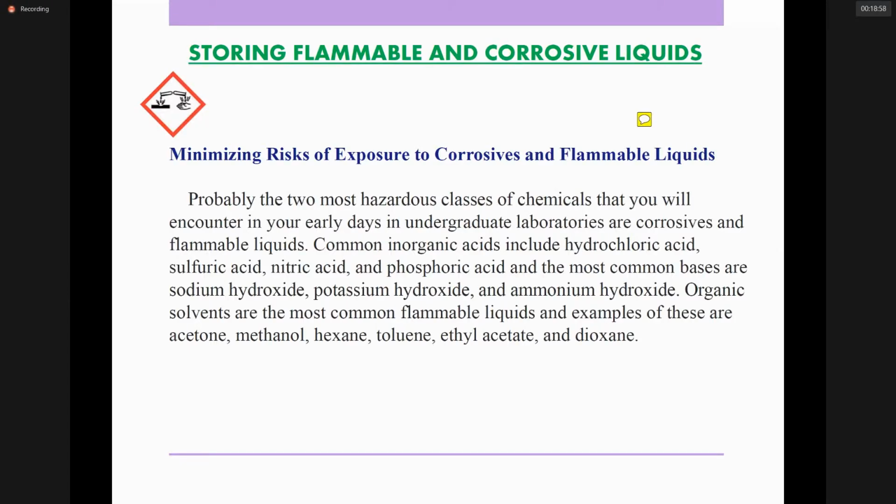Next part is about corrosive chemical storage. We talk about the second objective for today: how can we store corrosive chemicals and flammable liquids? We know the definition of corrosive from the previous lecture. Common inorganic acids include hydrochloric acid, sulfuric acid, and nitric acid, classified as corrosive.